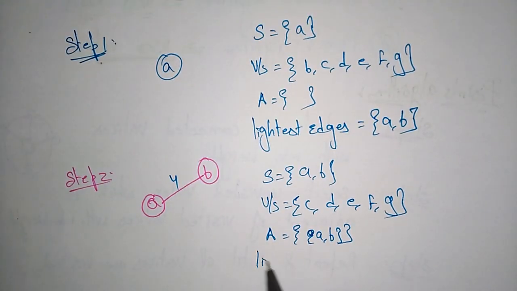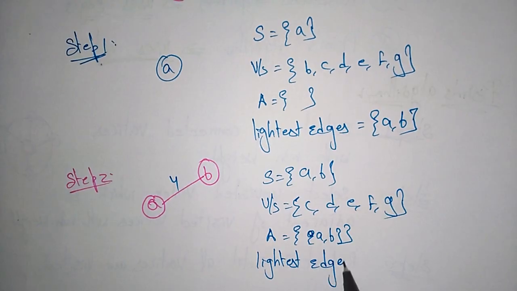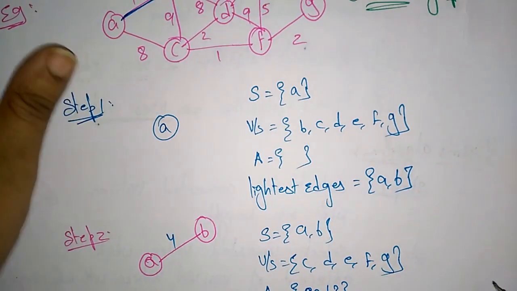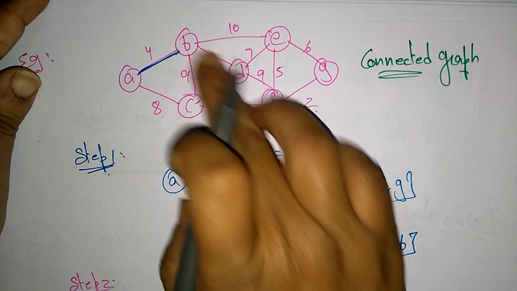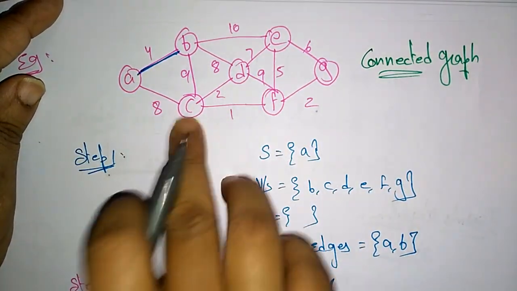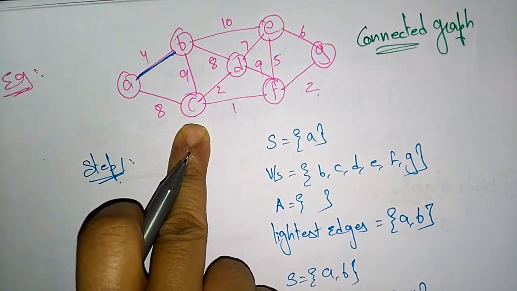And what are the lightest edges for these vertices? The lightest edges are here: BD or AC. Both have weight 8, BD or AC.